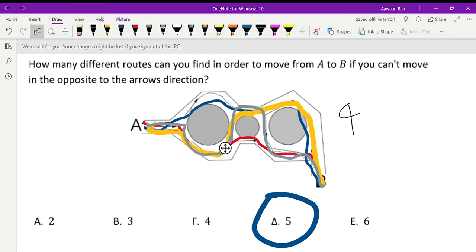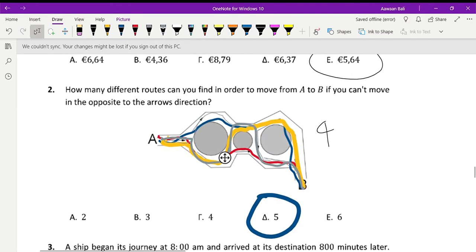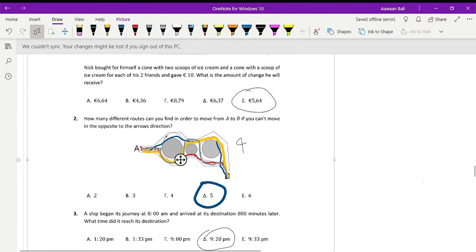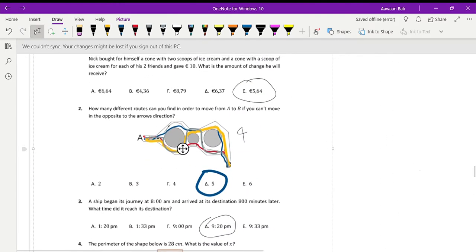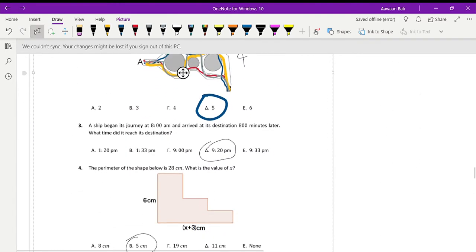And then after that you can't find any more paths. So basically there's just 1 path where you directly go down. There's two normal paths like that. And then there's this one path, and then you just merge between the 2 paths. Basically you get 2 normal paths, merge between them, and you get 5 different options. So the answer is delta.